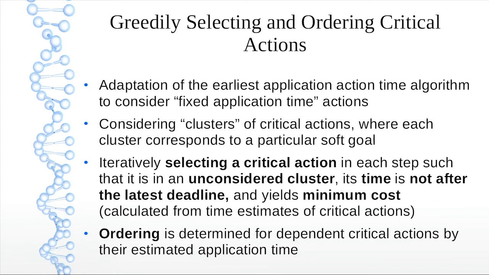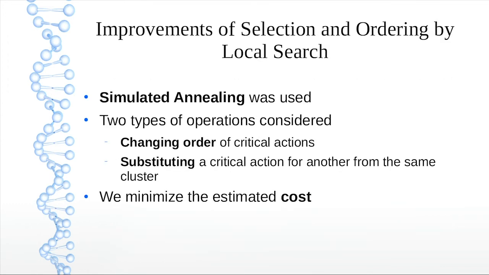And we simply continue until we can select these actions. At the end, we just order selected actions that are dependent on each other, for instance actions that are using the same UAV, so they can't really be executed in parallel. Now to improve our selection and ordering techniques, we leverage simulated annealing, and we consider two types of operation.